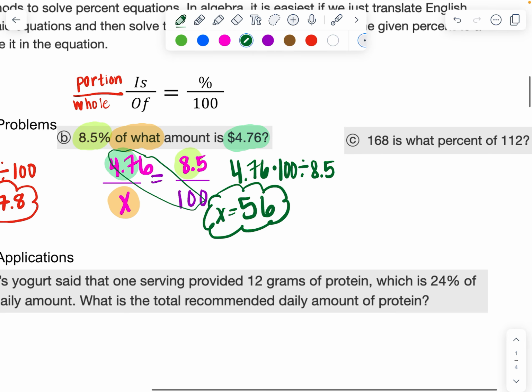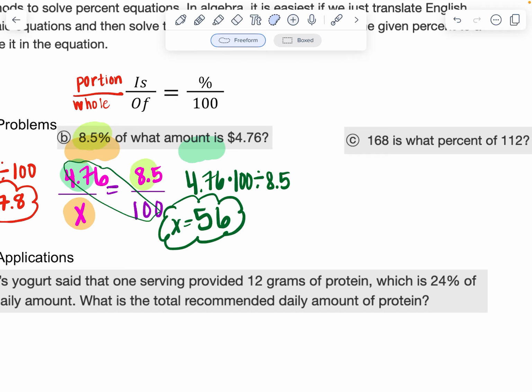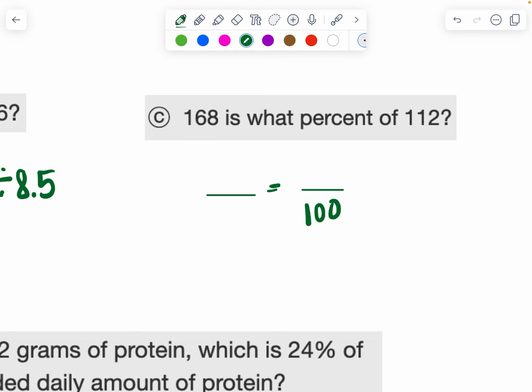Let's look at one more. 168 is what percent of 112? So again, I'll draw my proportion. I know 100 goes here. 168 is. So that goes in the is part. What percent?